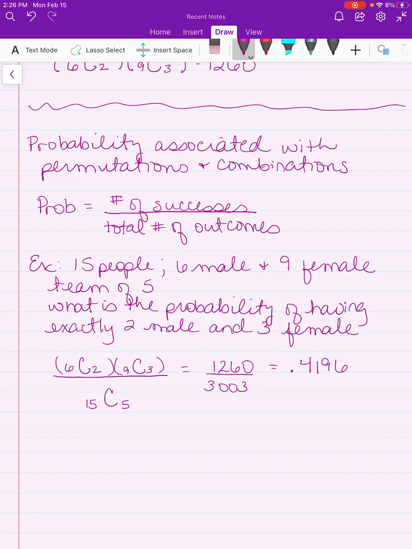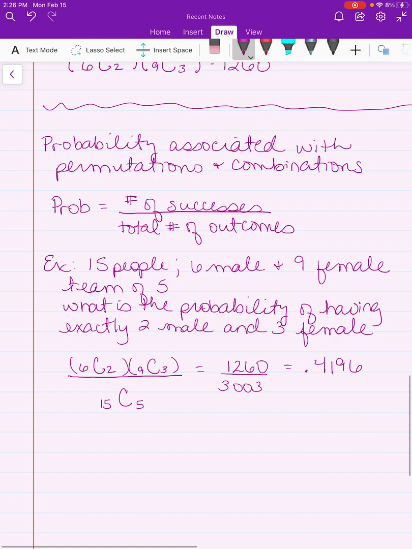So that kind of associates probability that we've been doing in this section with looking at combinations and permutations. And that's the end of chapter 3. The next video will go over the document, the chapter 3 portion of the module 2 document.